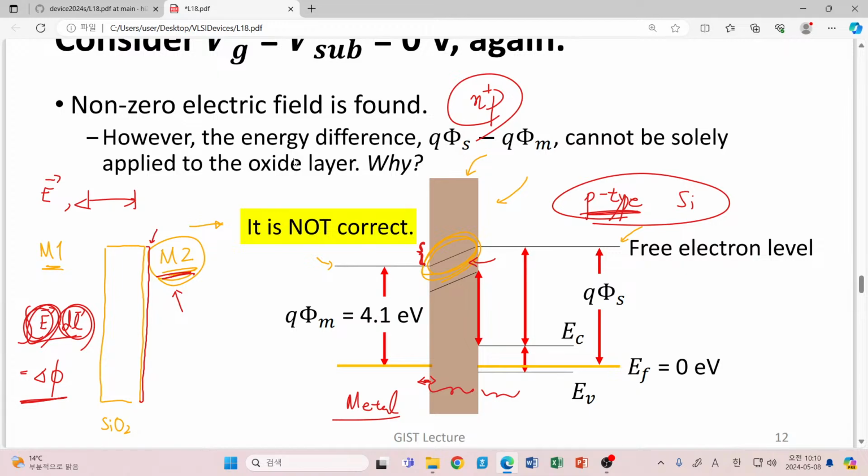Please note that previously, in former times, the metal gate was not a metal. It was actually polysilicon. At that time, we also had to consider the potential drop occurring in our gate region.